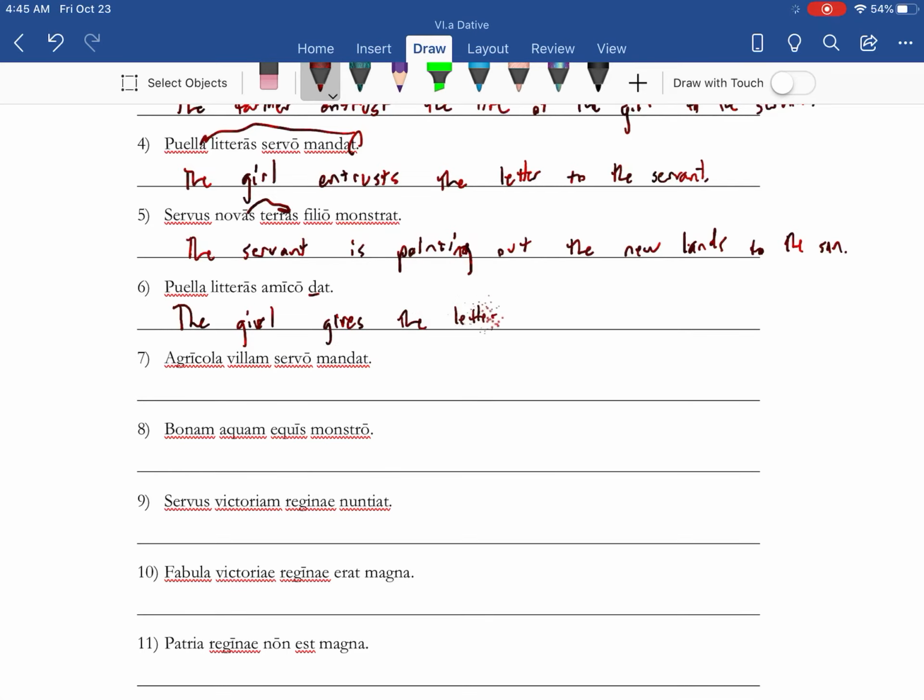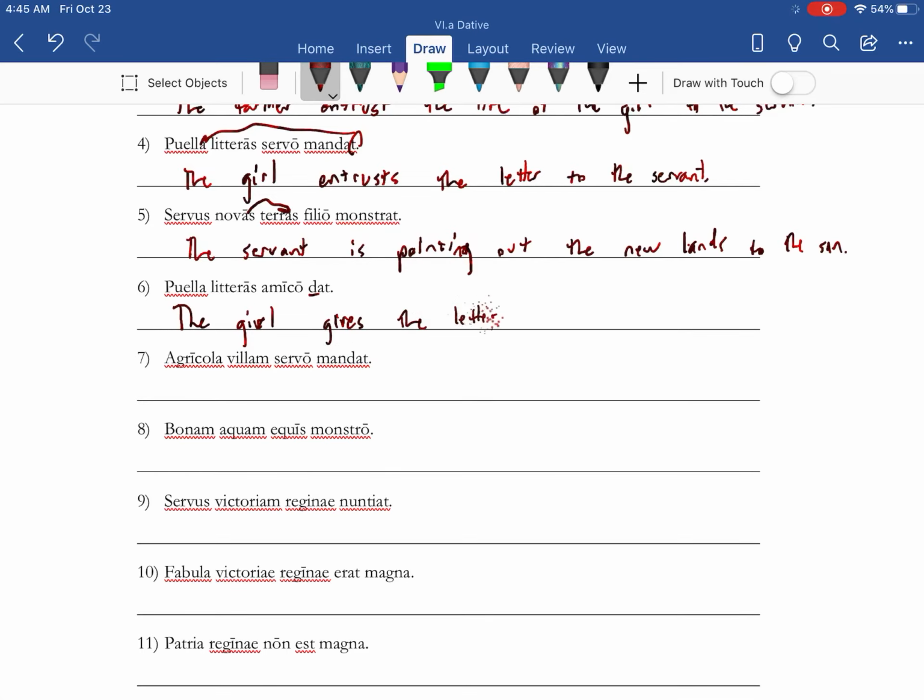Agricola, the farmer. Mandat, Willem. On a verb there, O is I. Then this AE is matching, or that AM is matching up with that AM.